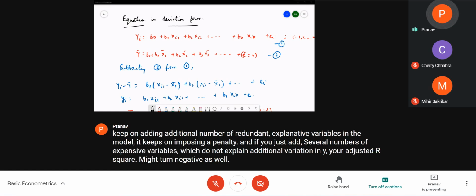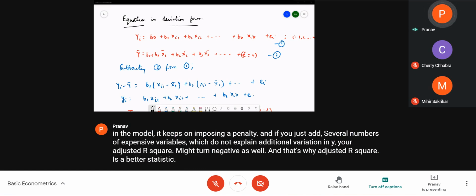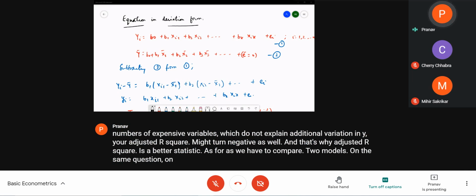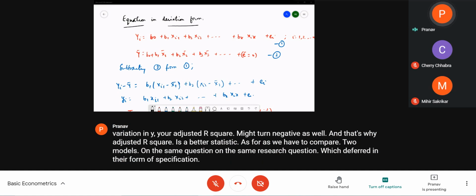And that's why adjusted R square is a better statistic when we have to compare two models on the same research question, which differ in their form of specification, especially in the number of independent variables used in the model.